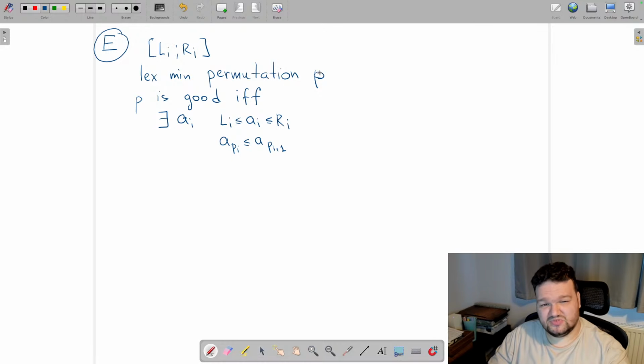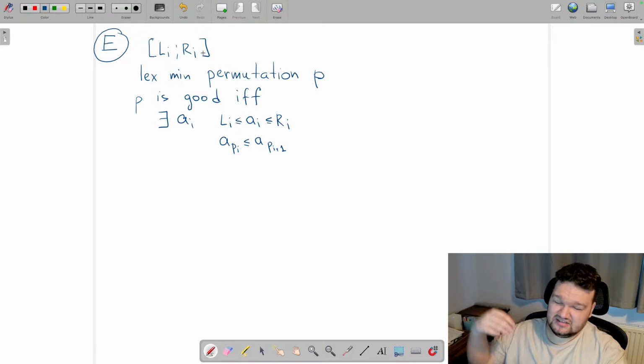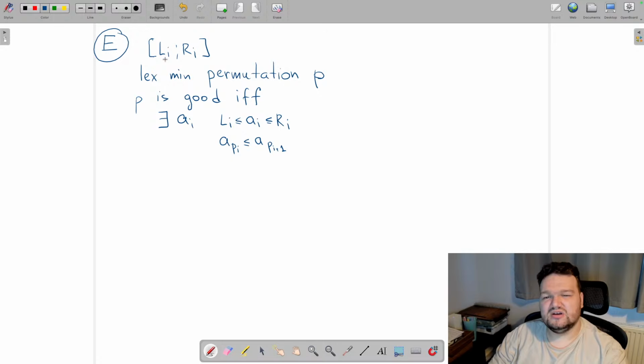So this permutation permutes the segments that we are given, and then on each of those segments we need to choose one value such that we will get a non-decreasing array. So let's try to understand what condition we should have on the segments so it is possible to choose a value on each of them such that the array is non-decreasing.